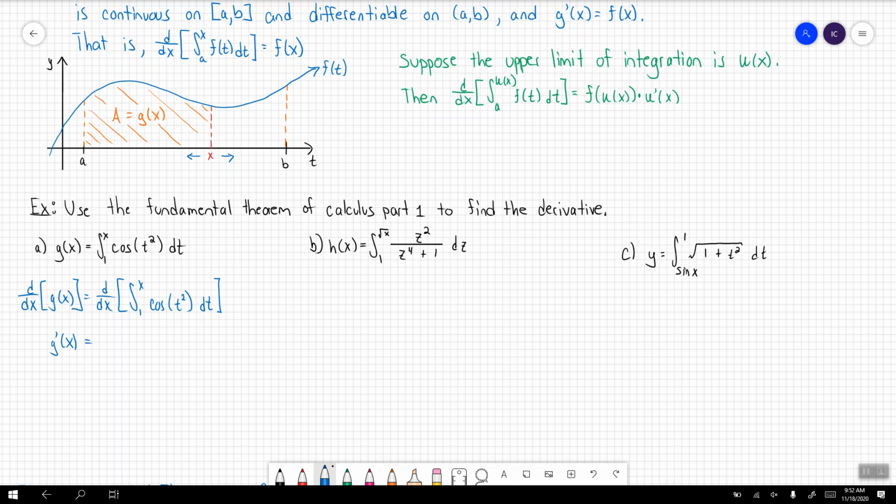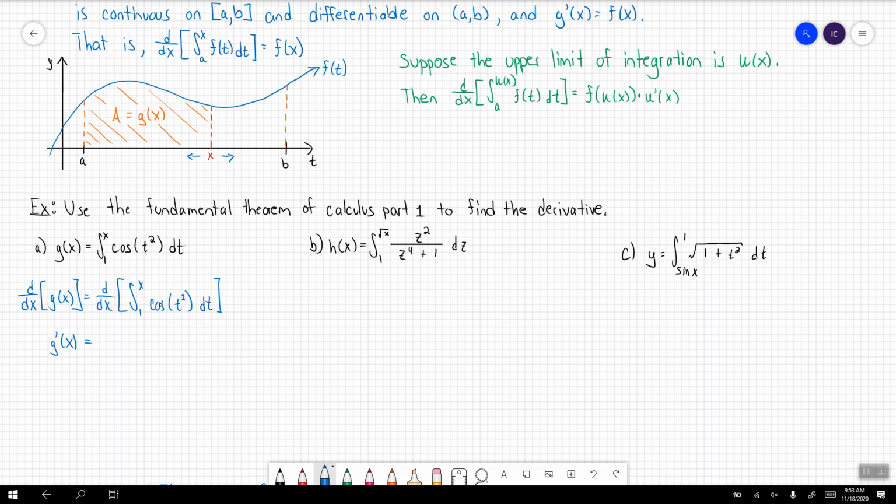So we could go through the process of finding the antiderivative of cosine of t squared, but then we'd have to go back to finding the derivative with respect to that stopping point. So in a sense, they're going to nullify one another, meaning that they are going to be canceling each other out.